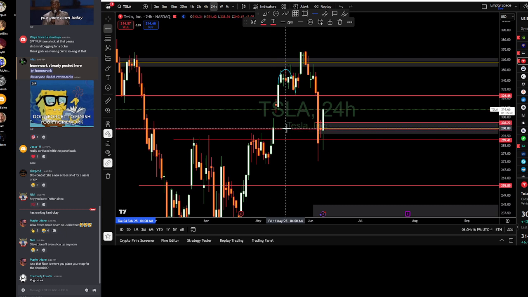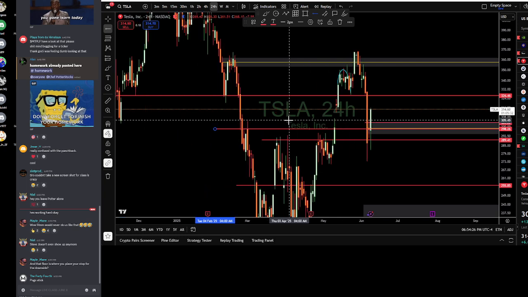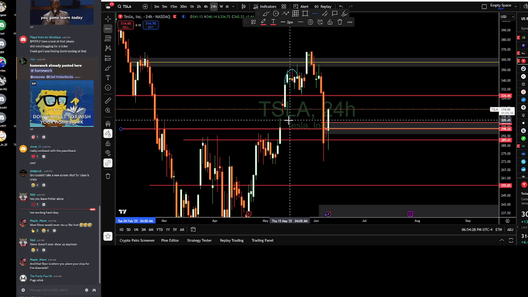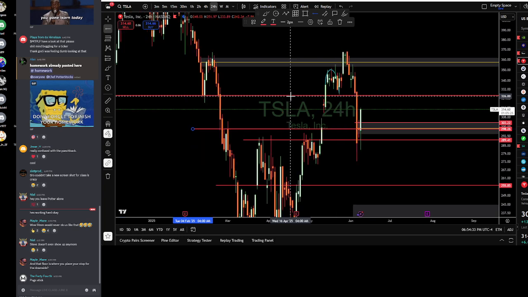You held on. So you went up, you hit something, it pulled you back, but you held on and did not retrace. That shows that price is likely going to continue. So what's in front of you? Nothing. So price continues moving to the upside.